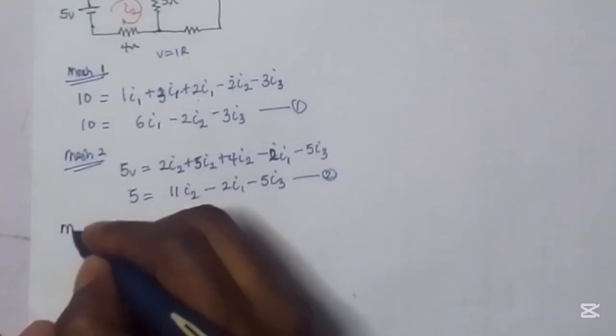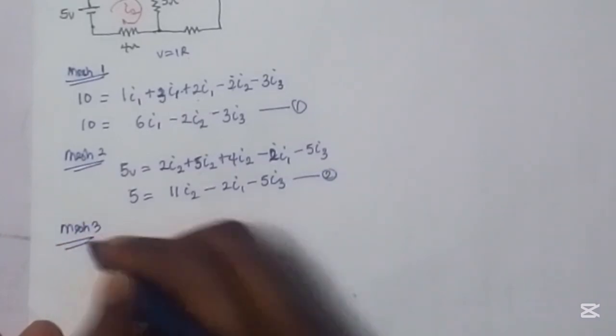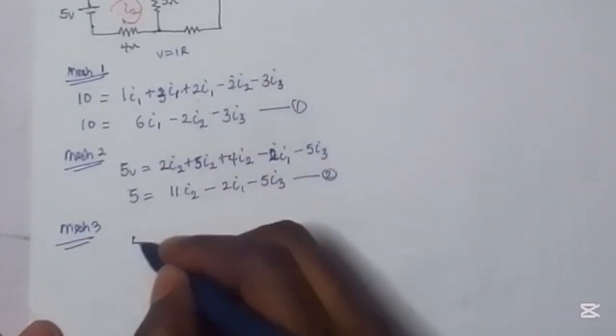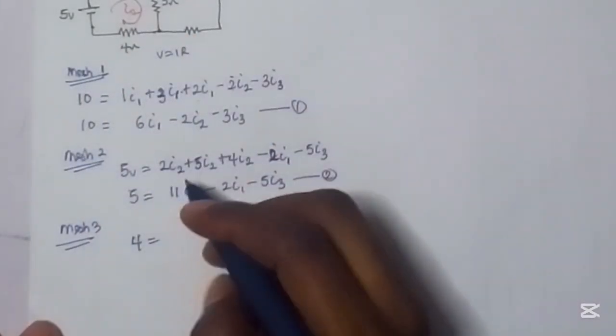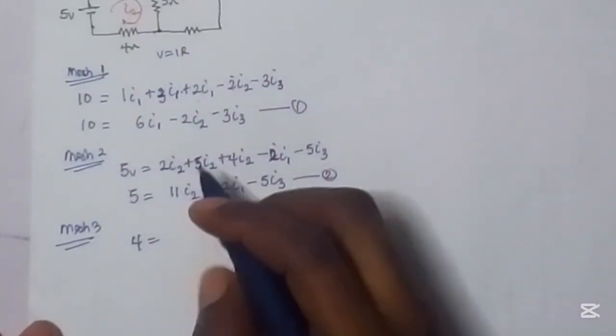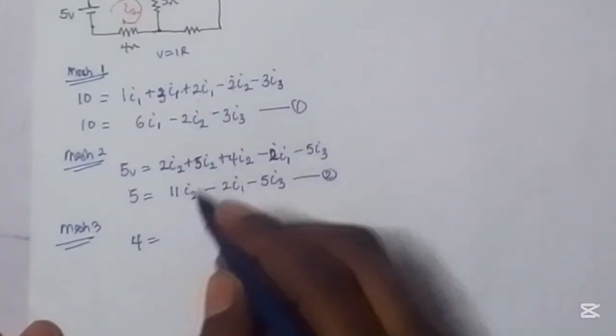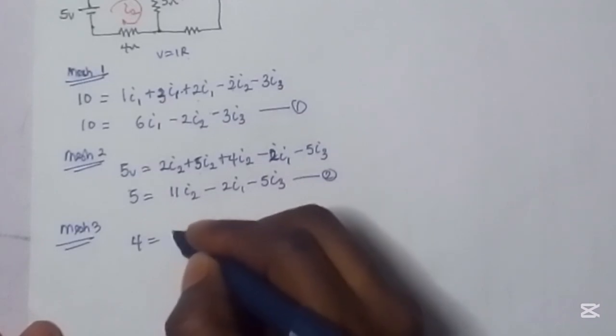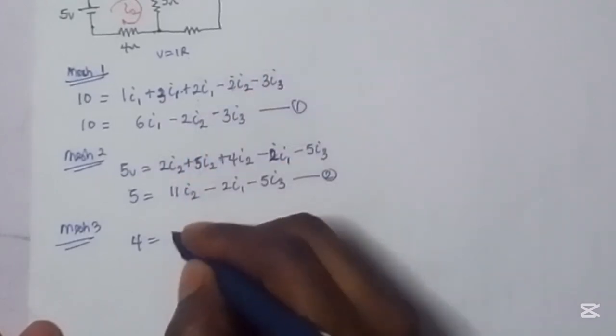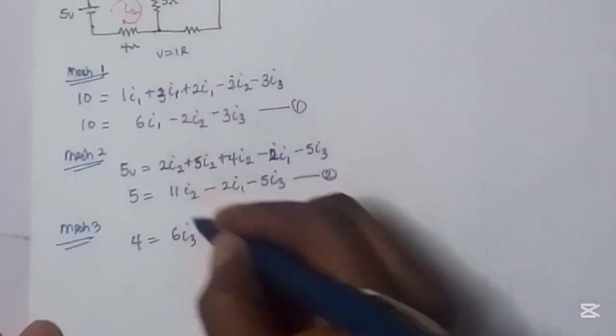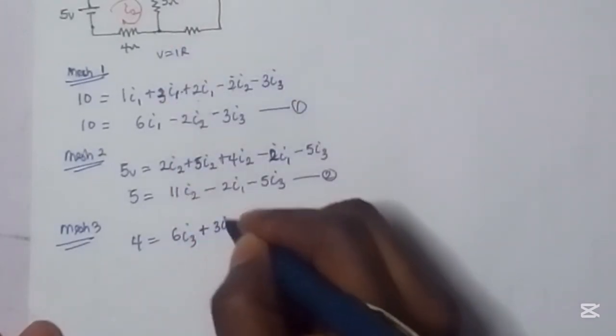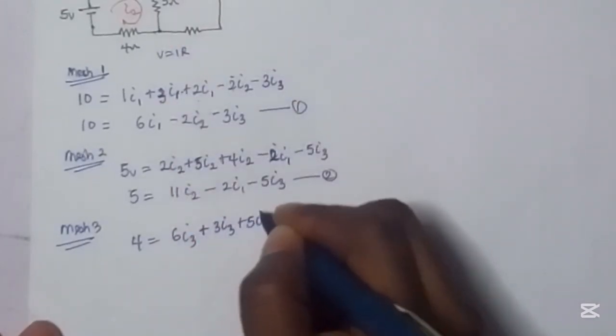So I form the next equation for mesh 3. Do the same thing: we have 4 volts equal to the voltage drop across these other components. So it gives us 6 I3 plus 3 I3 plus 5 I3.